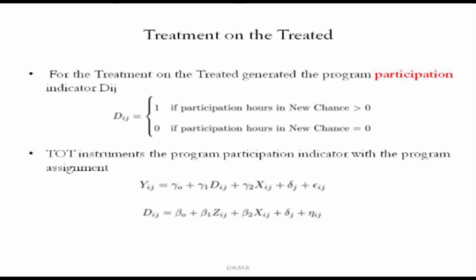Because it could be, so suppose there is non-compliance. In the presence of non-compliance, what it means is that even if I assign a mother to a particular treatment, in this case, even if I ask a mother to join the training program, the mother might not join the training program, might not comply with what she has been assigned. But what we are interested in is basically whether the participation of mothers in the training program affects children's outcomes.